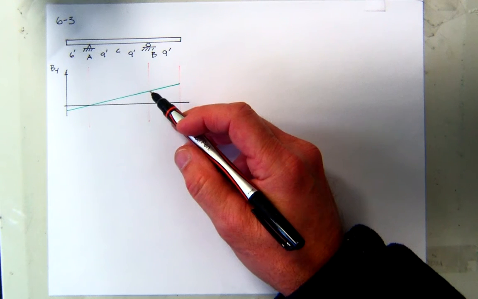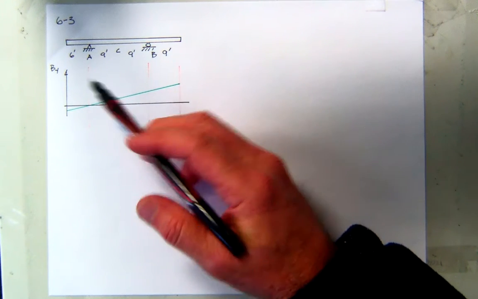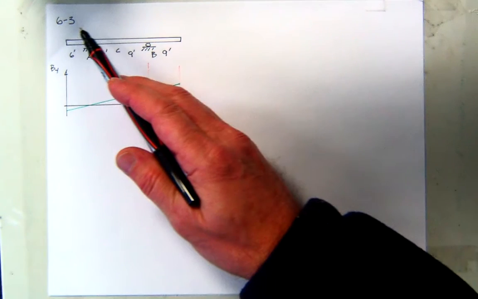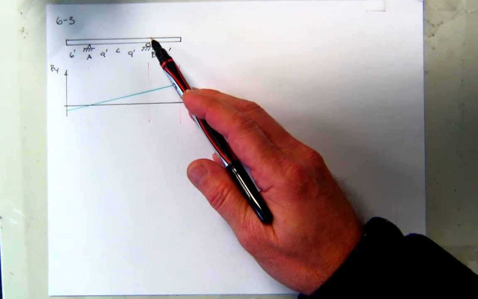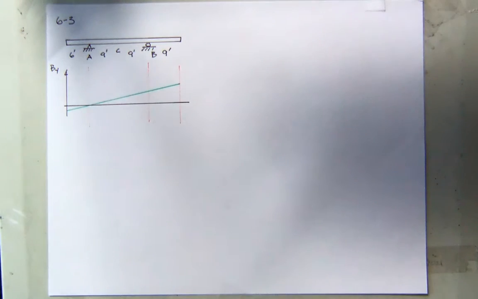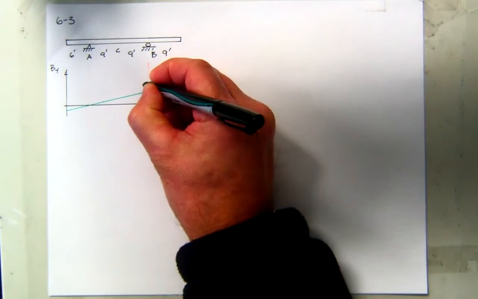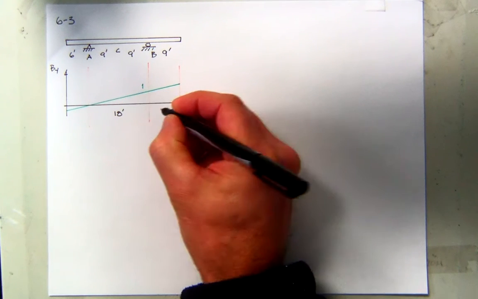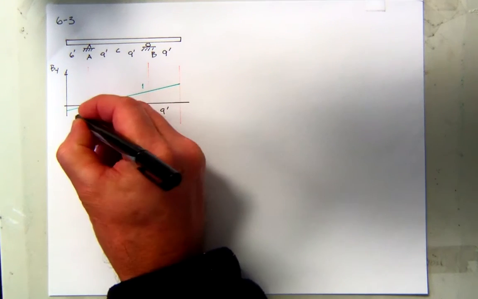Now the easiest point to find is, what is the reaction BY when my unit load is moving, and what's it going to be when it's right above B? It's going to be 1. So I know that this value right here is going to be 1. So this is 18 feet, another 9 feet, and this is 6 feet.